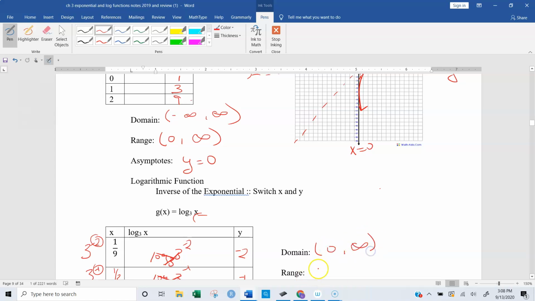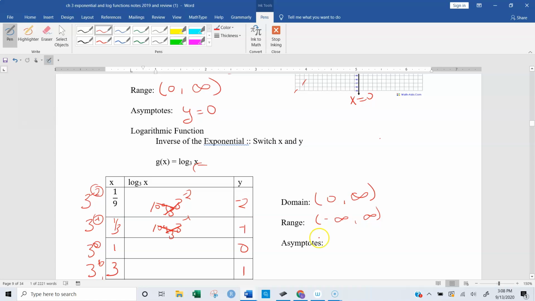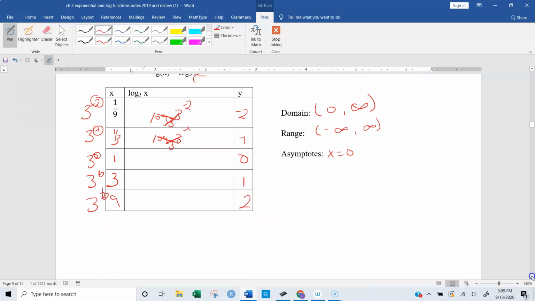X cannot be negative. The range is, what can y be? Well, y can be anything. It can go as low as at once to as high as at once. -infinity to infinity. And this time your asymptote, instead of y equals 0, is x equals 0, because it approaches but does not touch it.